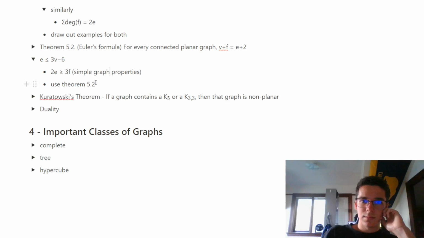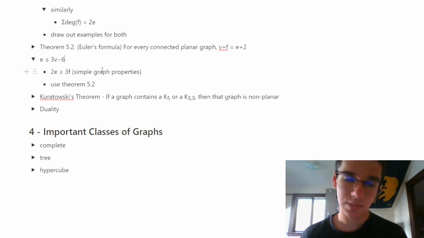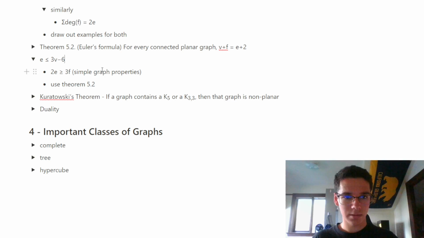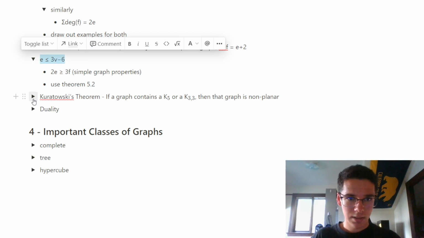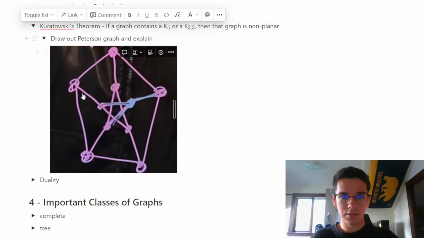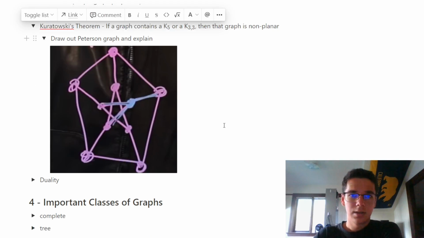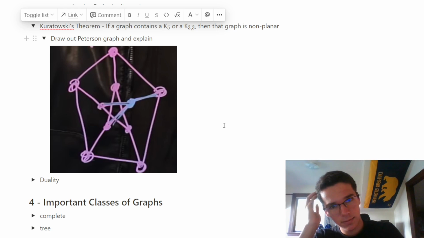This also checks to see if graphs are planar or not, this equation right here. But we're going to use this example right here to show that any non-planar graph contains one of these two graphs, a K5 or a K3,3.